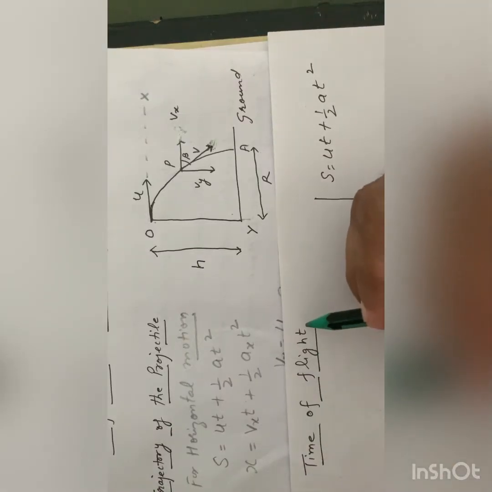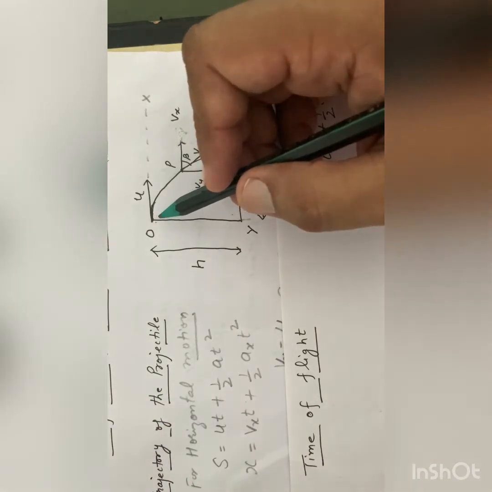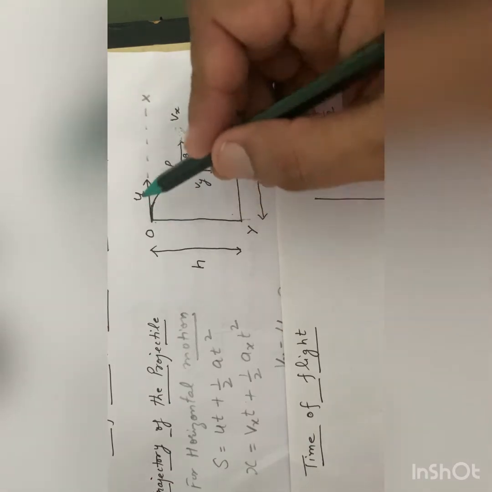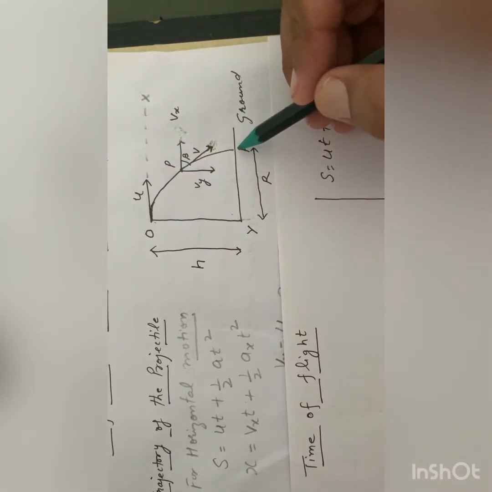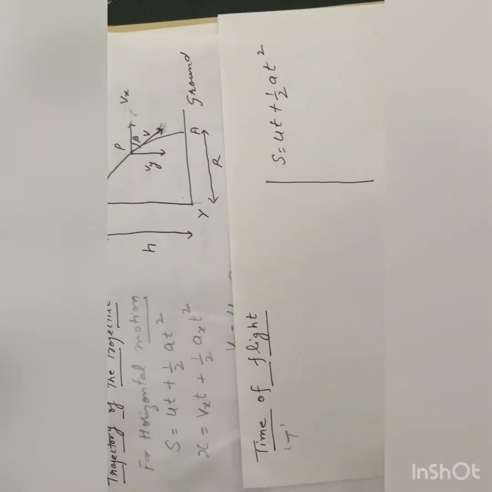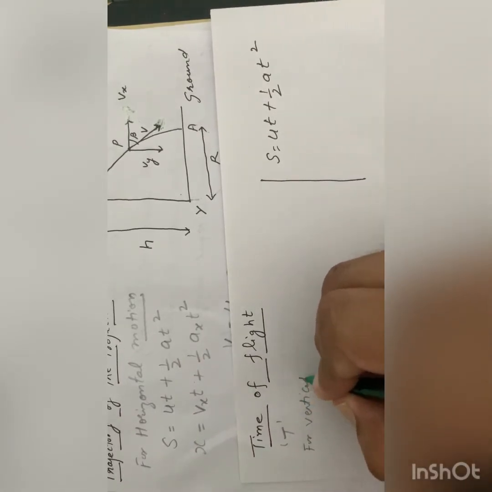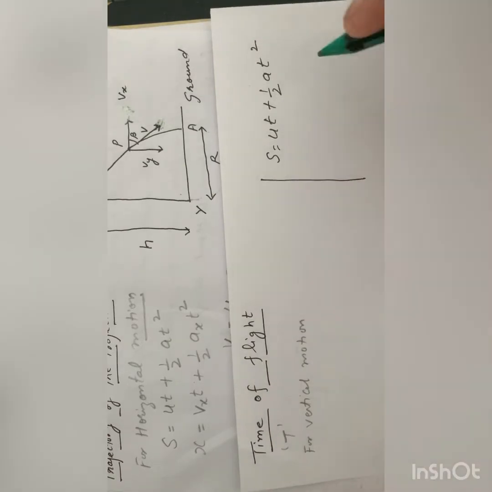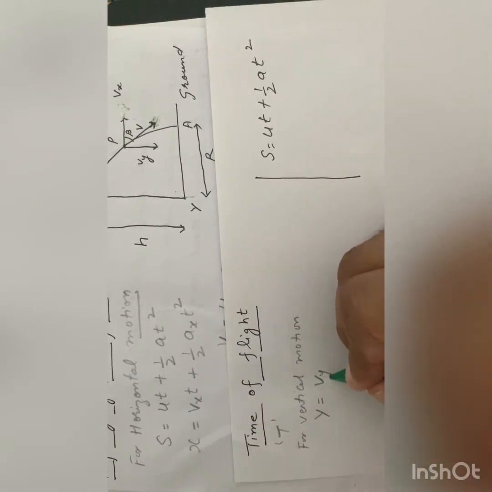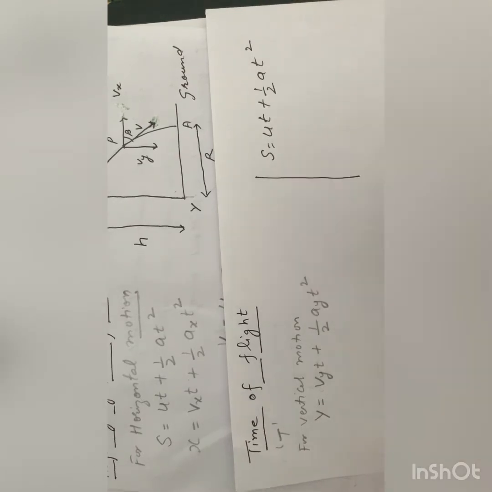Time of flight. It is the total time for which the projectile remains in flight from O to A, and let t be the time of flight. For vertical motion, we have y equal to Vy t plus 1 by 2 ay t square.